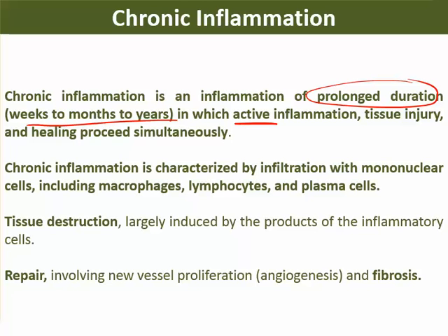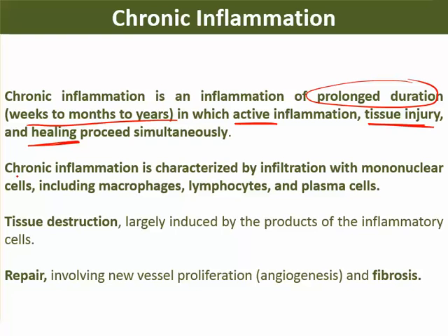It is not very aggressive, but it is active, subtle inflammation, and it produces tissue injury and the healing process simultaneously. Whereas in acute inflammation there will be tissue injury, and after tissue injury you will get the healing process. So here the tissue injury and the healing process happen at the same time.